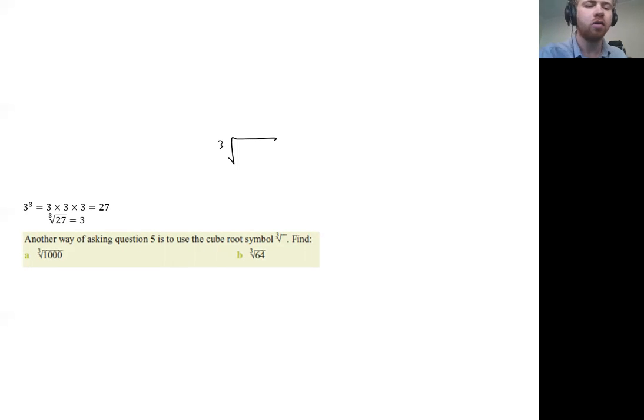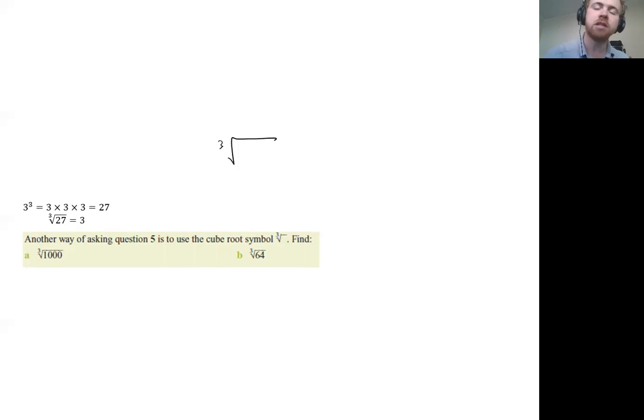So when we have a number under the cube root sign, we're not just thinking what number multiplied by itself equals the number under there. We're thinking what number multiplied by itself and then multiplied by itself again is going to equal the number under there. We know that 3 cubed, 3 times 3 times 3, is 27. So that means the cube root of 27 is 3.